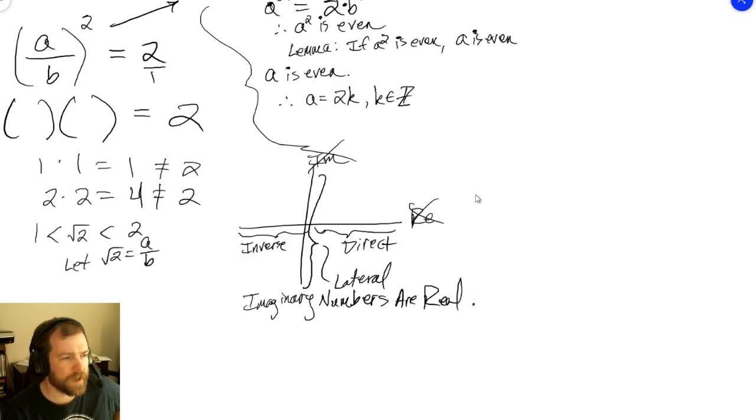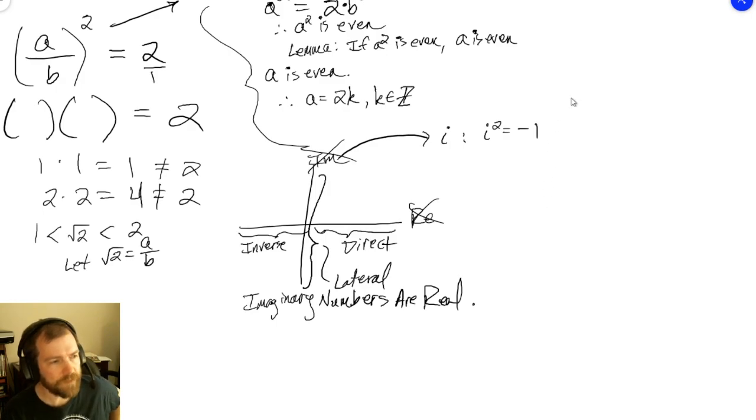So the idea is that yes, you can use imaginary numbers and call them i, where i squared is equal to -1, ish.